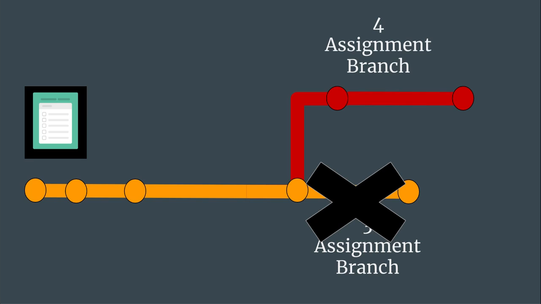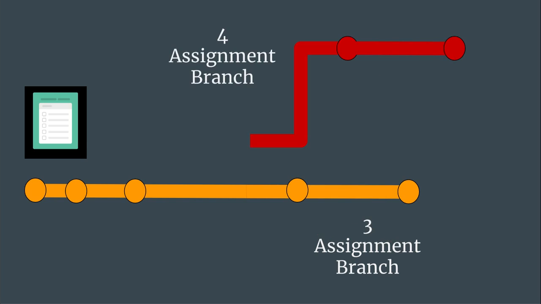Now, the third option gets very interesting, and it's maybe going to sound strange. It's not something you're going to do within an organization, but it is something we can do. Let's say some people really believe we need 4 assignments, and some people really believe we need 3 assignments.